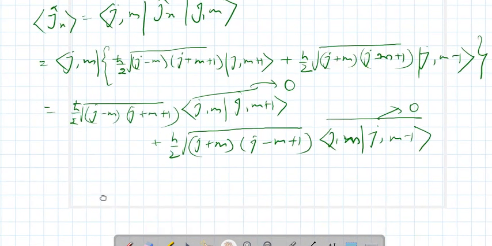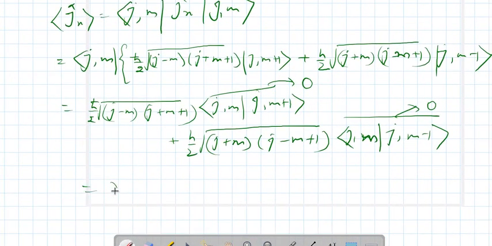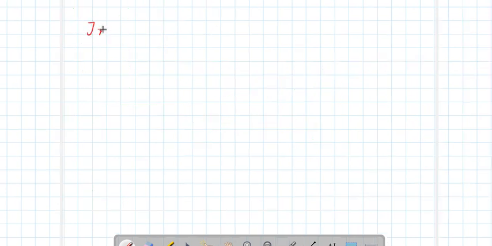So this overall makes it equal to 0. Thus we conclude that the expectation value of jx will be 0, and similarly I can say that the expectation value of jy will also be 0. That's what we can prove.